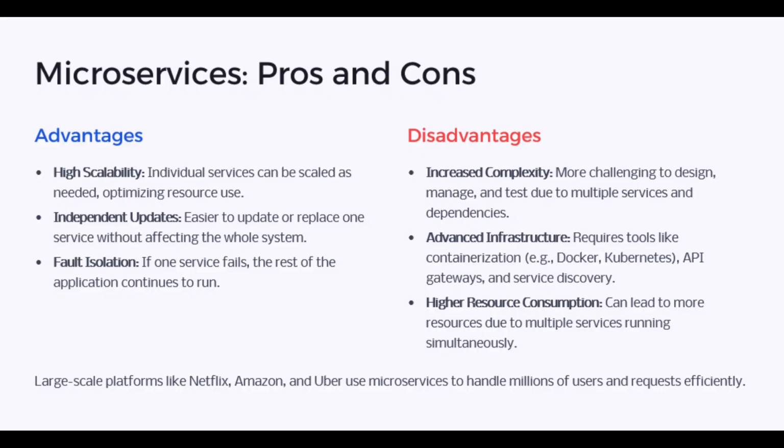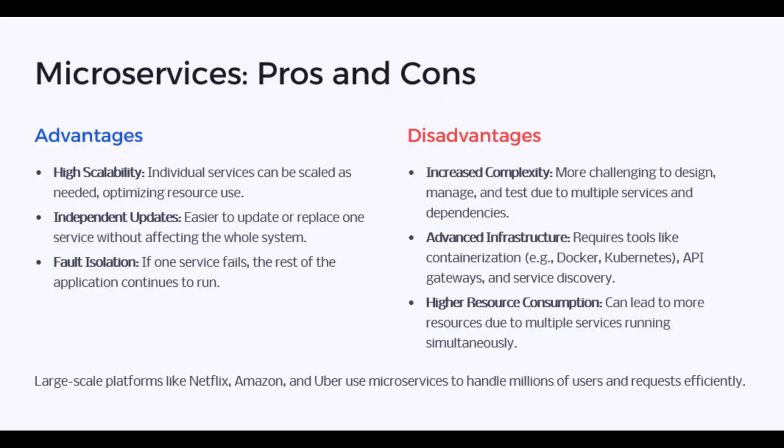Additional characteristics of microservices architecture: the application is split into independent services, each handling a specific function like authentication, payments, or notifications. Each service has its own code base, database, and deployment pipeline. Services communicate via APIs, usually REST or messaging queues.